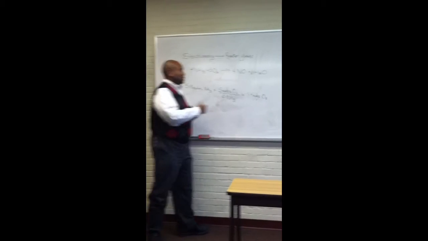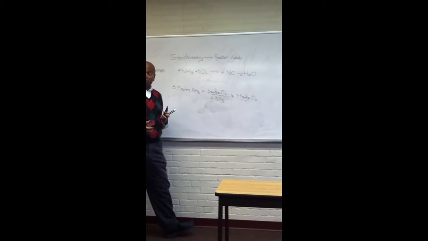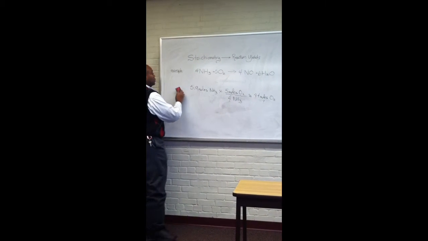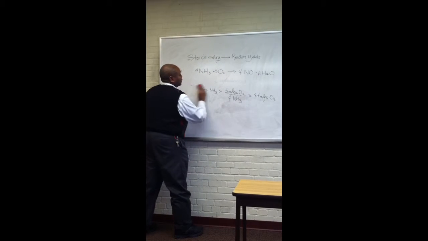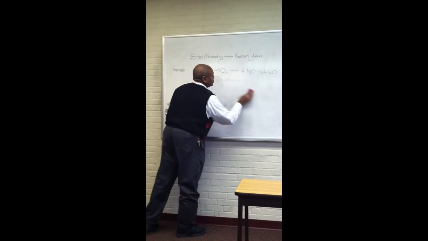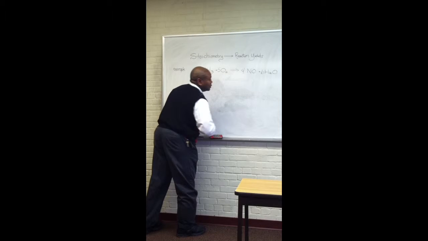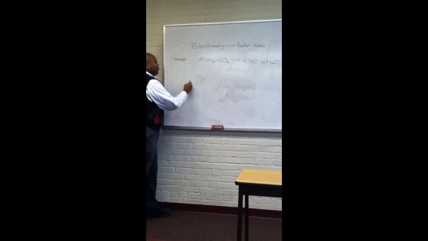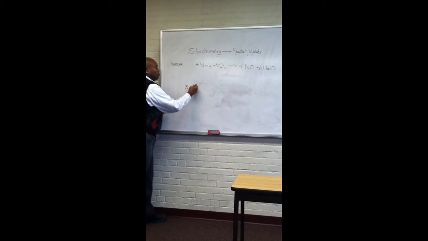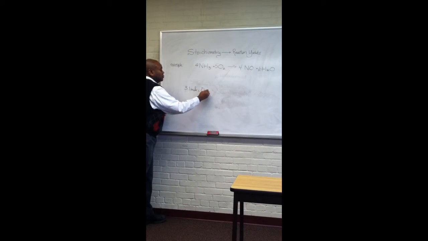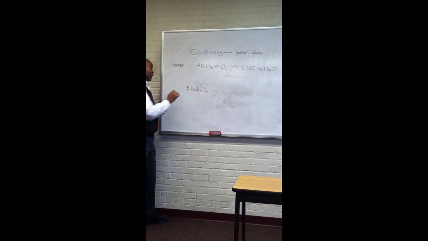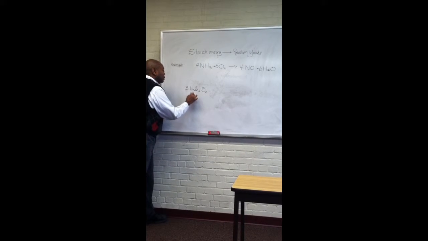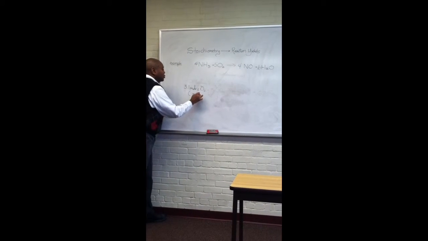So now it's time to determine exactly how much product we're going to get. Now, we said that we have 3.1 moles of molecular oxygen. And again, this is the real value.